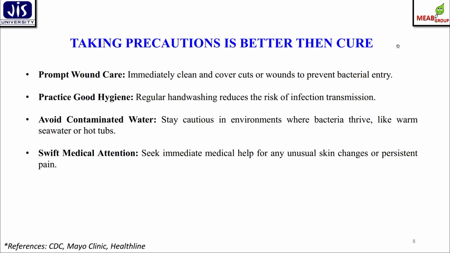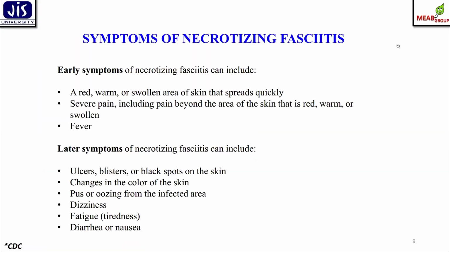Avoid exposing your body to contaminated water. Stay cautious in environments where bacteria thrive, like warm seawater. Swift medical attention: if you think your wound or cut open area has been exposed to Vibrio species, flesh-eating bacteria, seek immediate medical help for any unusual skin alterations or pain.